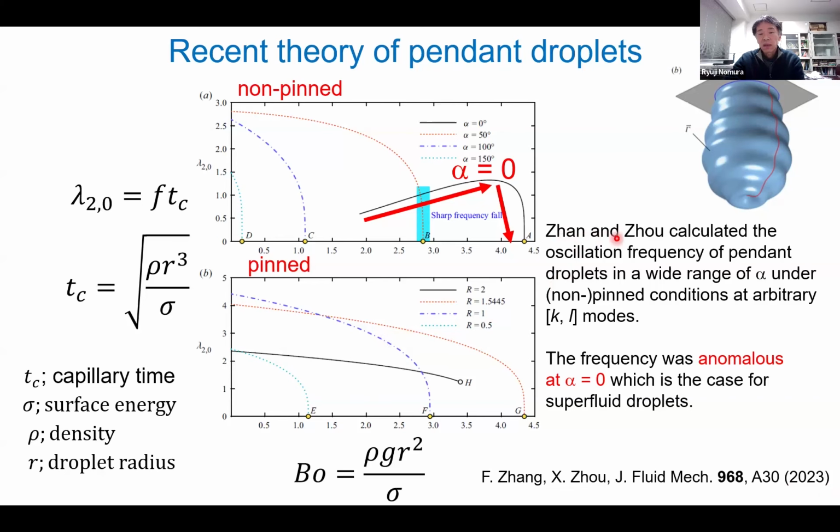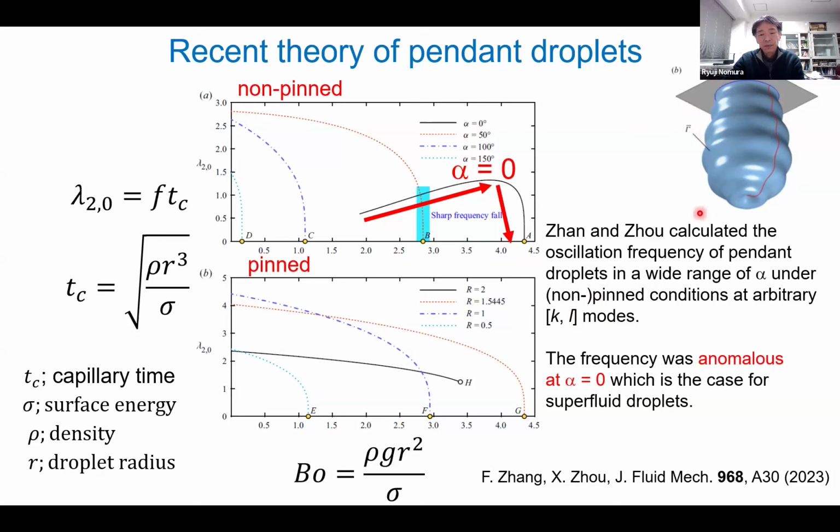Zhang and Zhou calculated the oscillation frequency of the pendant droplet in a wide range of the contact angle alpha from 0 to 2 pi in various conditions, non-pinned case and pinned case, at arbitrary K and L mode. So they can calculate the resonant frequency of any kind of KL, like this kind of higher mode.